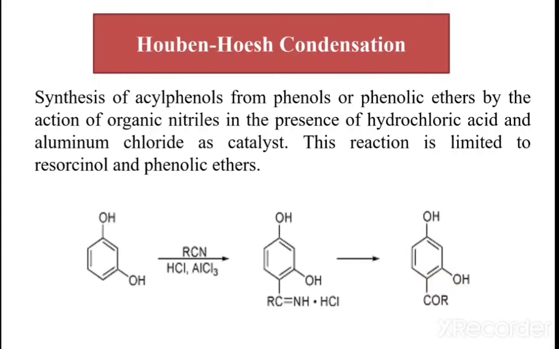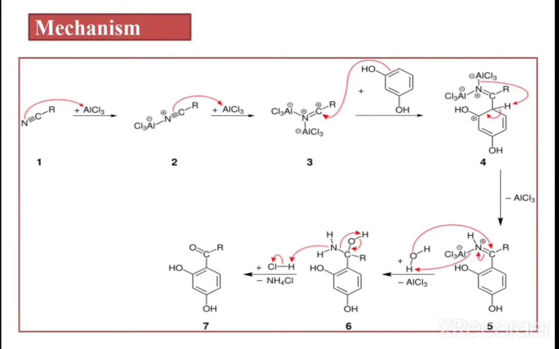Now the Hoesch condensation mechanism. Here this alkyl cyanide on treatment with AlCl3 forms a complex, as the nitrogen carrying the lone pair attacks the AlCl3. There is addition of this AlCl3.